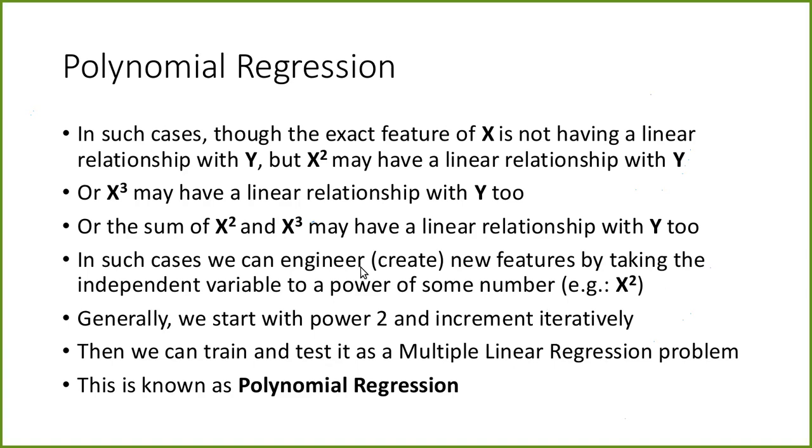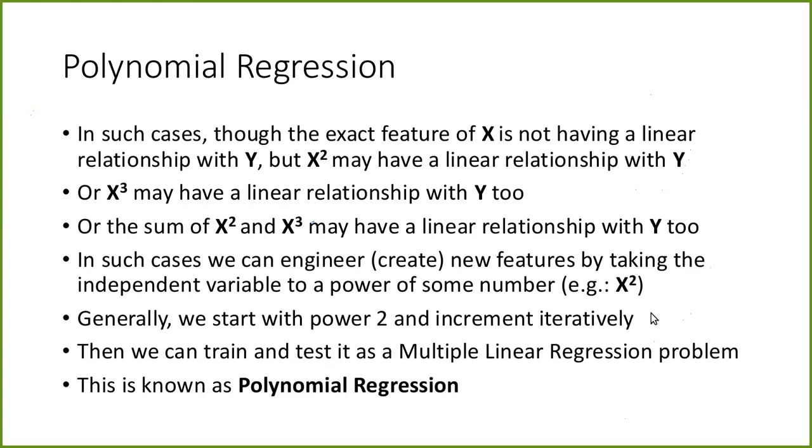In that kind of scenario, we can create new features by taking the powers of x, polynomials of x in higher degrees for making the prediction, right? So first we start with simple linear, not multiple linear regression case. We can start with the first degree.